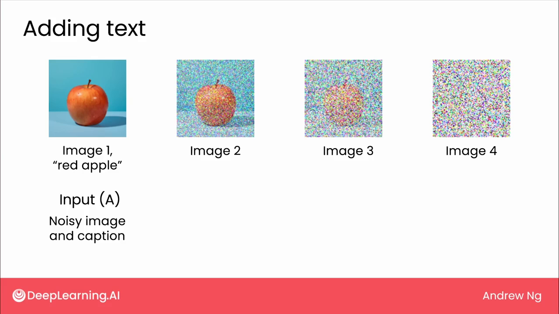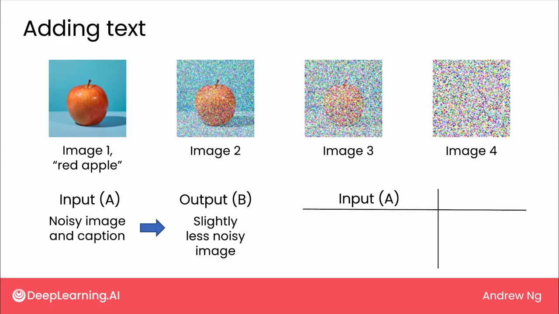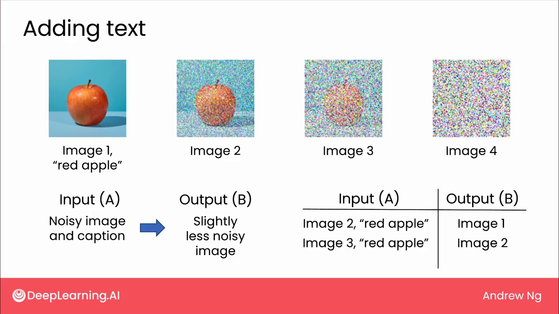And given this input, we now want the algorithm to output this clean picture of an apple. And similarly, we'll generate additional data points for the algorithm using the other noisy images, where each time, given a noisy image and the text prompt, red apple, we want the algorithm to learn to generate a less noisy picture of a red apple.